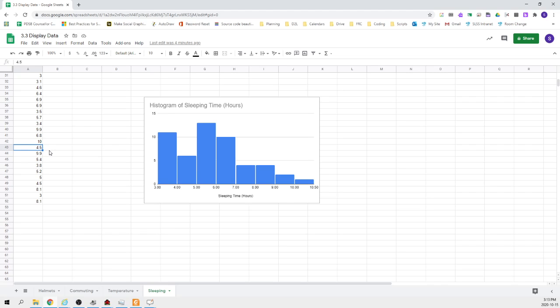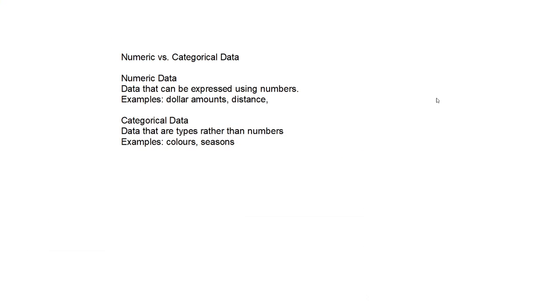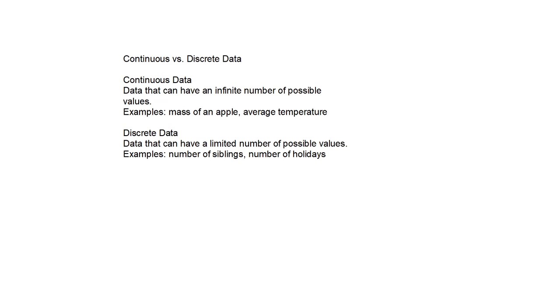Discrete data, on the other hand, is data that you can't subdivide. There's only a certain number of possible values. So data is either continuous or discrete. Continuous data can have an infinite number of possible values.